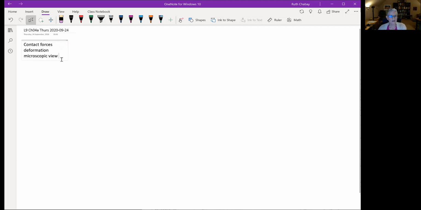what's happening. Contact forces are usually divided into two kinds. We'll see that there's tension forces, which involve pulling, and compression forces, which involve pushing. And we'll also see that friction is a kind of contact force.